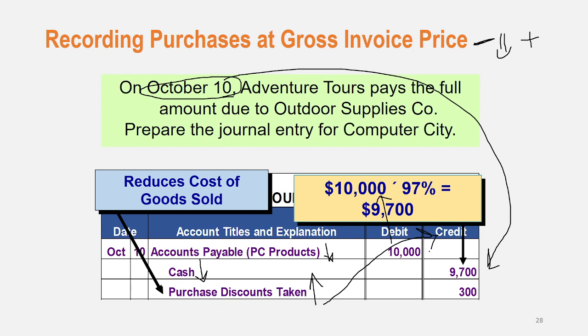Since Adventure Tours is paying in the discount period, it can save $300: $10,000 total amount minus $9,700 equals $300, the amount of discount taken, which becomes the credit for purchase discount taken. Now we know how we should match the condition for the gross invoice price method and also for the net cost method.